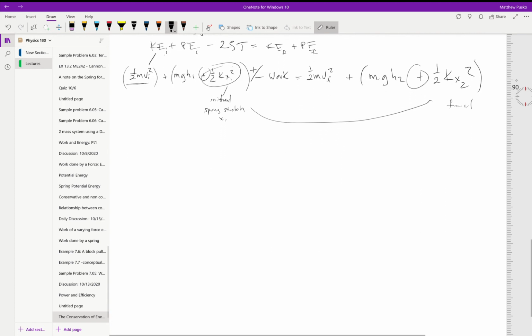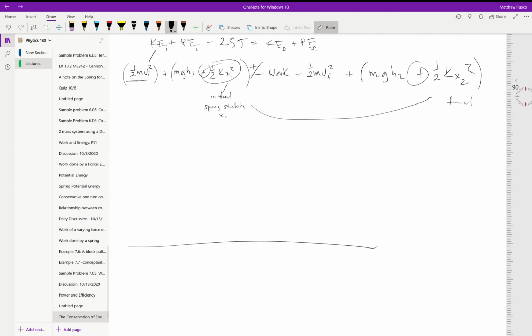If it's something gravitational, if you're looking at something off the ground, I find it convenient to put the ground at y equal to 0, or at least at one of the initial or final points of the problem. So let's say it started on the ground and ended up here in space, maybe some projectile problem.